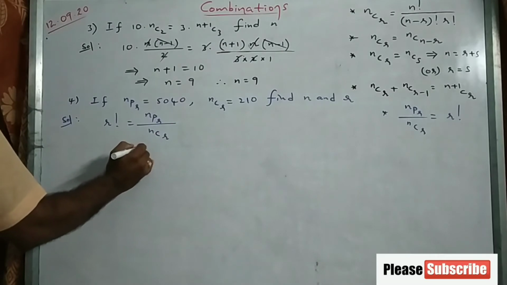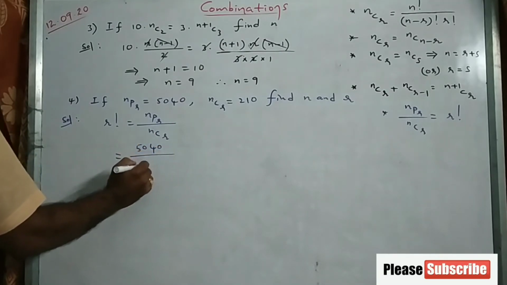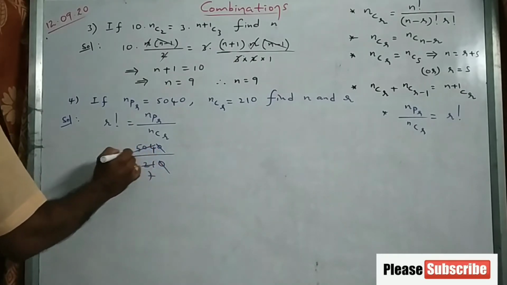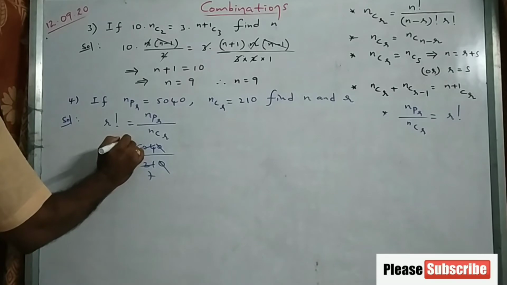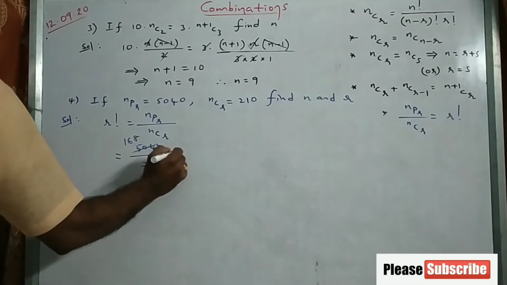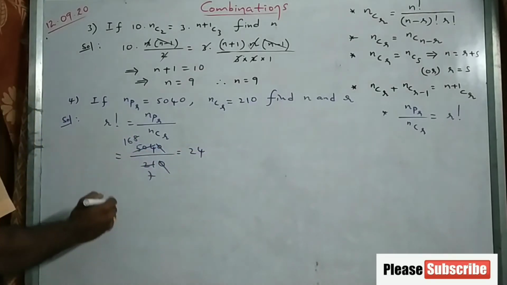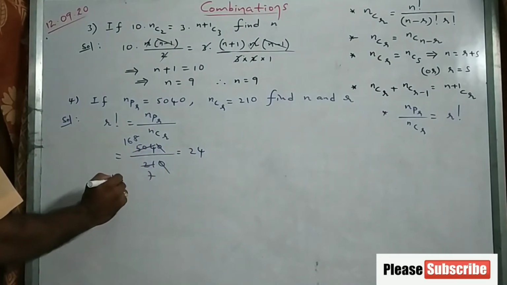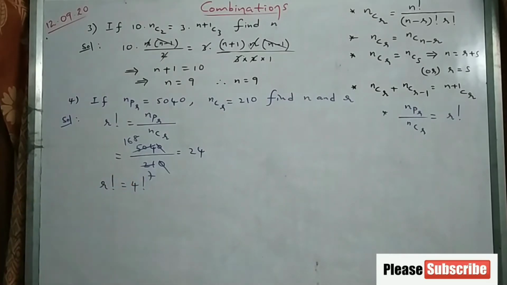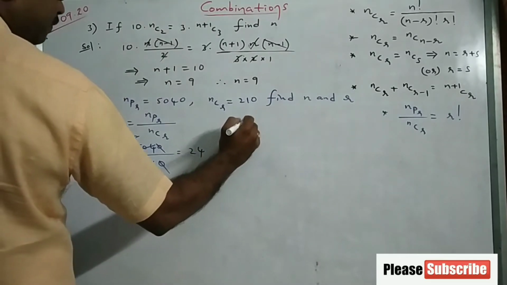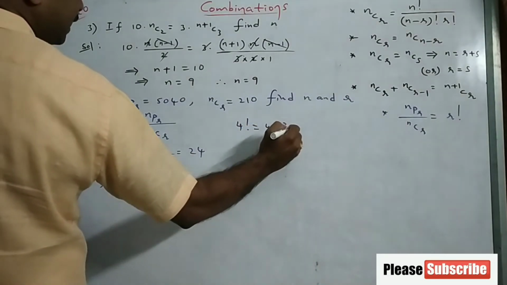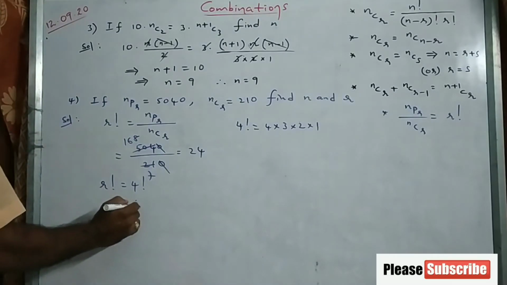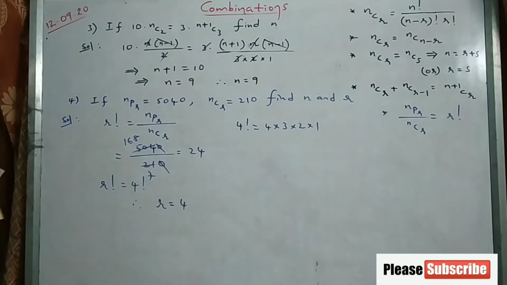So divide 5040 upon 210, which is 24. r factorial is equal to 24. Can we write 4 factorial? 4 factorial is 4, 3, 2, 1, that means 24. So the value of r is 4.